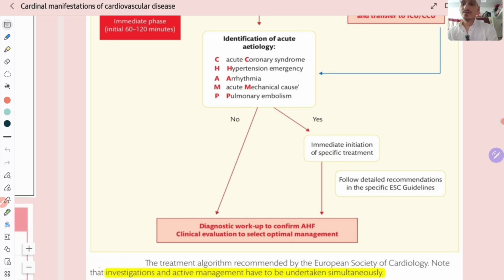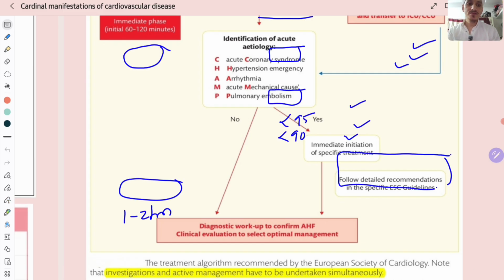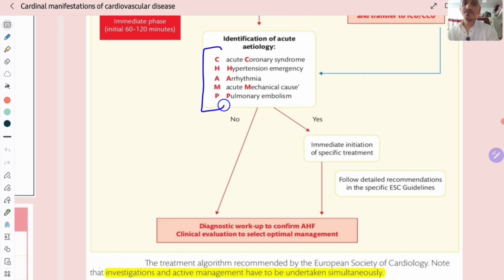There is a very good mnemonic to evaluate heart failure. Remember this: CHAMP. Apart from giving the immediate life-saving support, we evaluate the etiology.